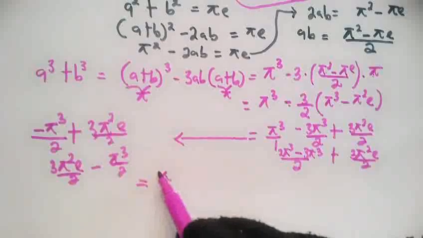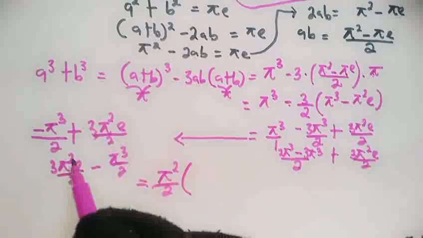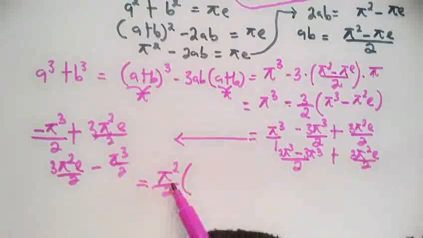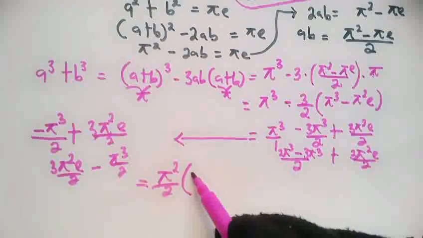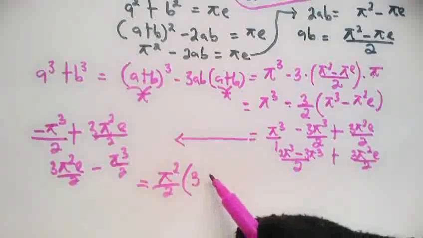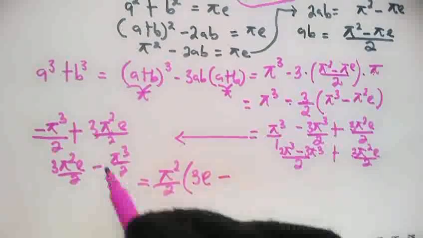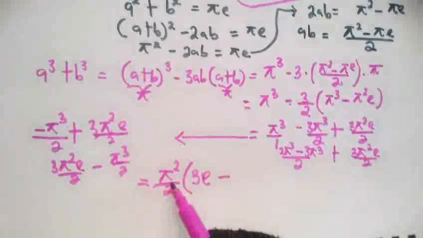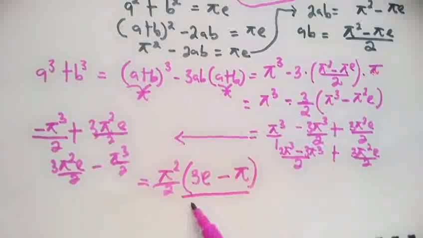So pi squared all over 2, then open bracket, 3 pi squared a over 2 divided by this, we are left with 3a. Then minus pi cube over 2 divided by this, we are left with pi, which is the required proof.